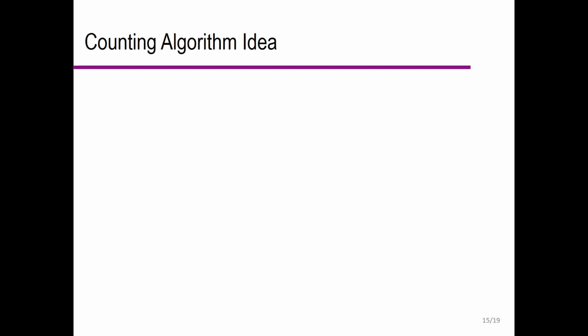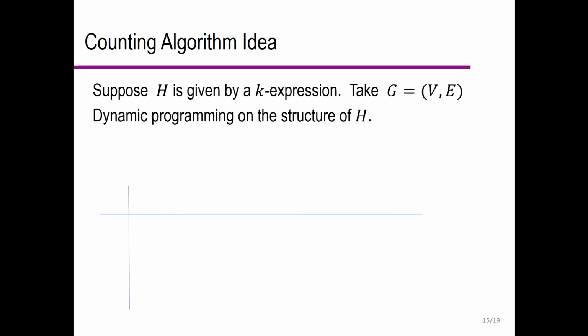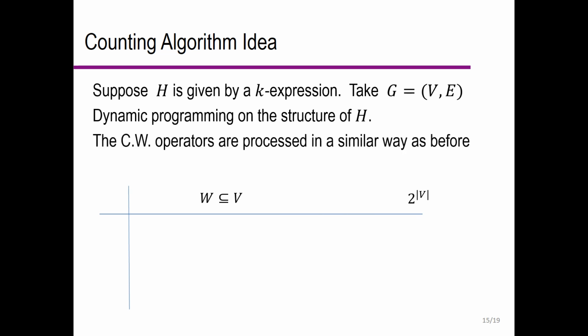To give an idea on how this algorithm works, it's also dynamic programming on the structure of H. As before, we use this k expression. We label columns with subsets. We label the rows again with subexpressions of the one that represents H. If that subexpression ends with a clique width operator, we just do as in the clique width algorithm.